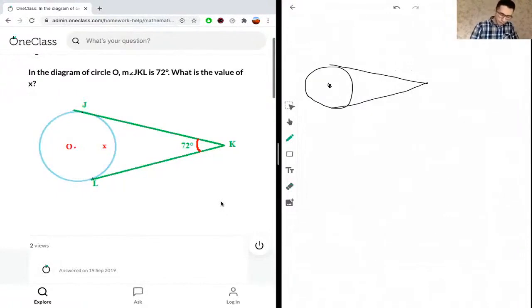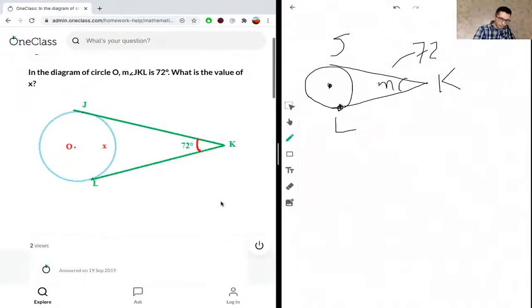Okay. We have an angle here of 72. So this is M, 72. And the triangle here is labeled J, K, L. So there's a point here that's tangent to the circle, and a point here tangent to the circle.